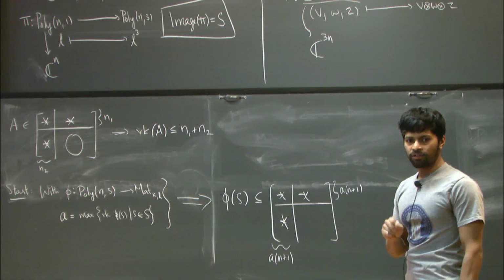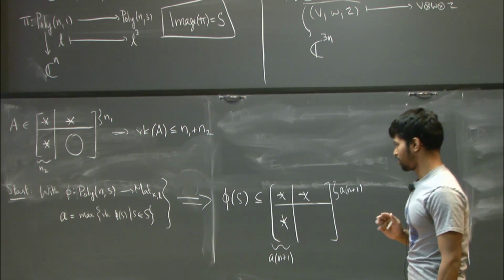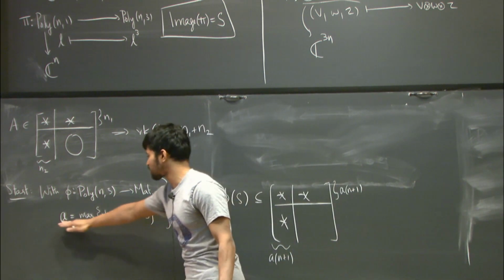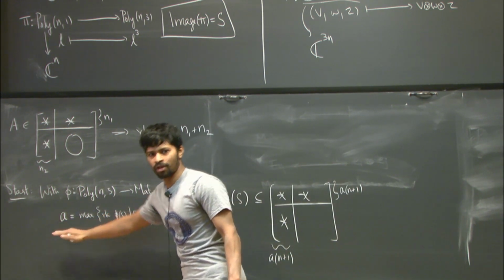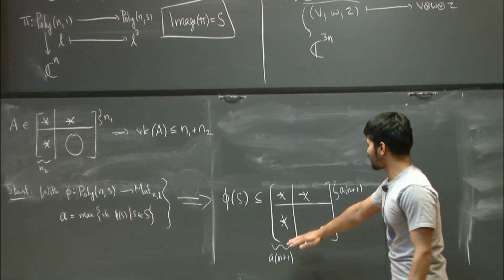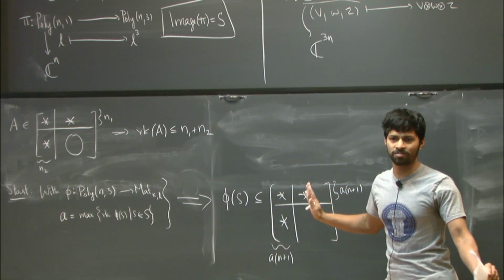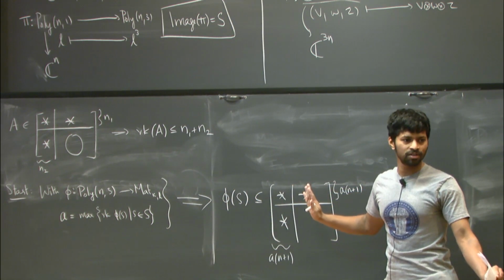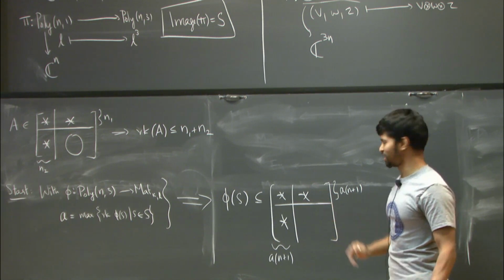If I can show you that, just by using the fact that all the simples have rank less than or equal to A, they must all land inside some such subspace up to a certain change of basis. There's a certain basis I have to pick.